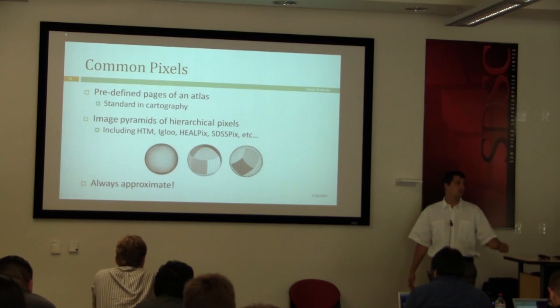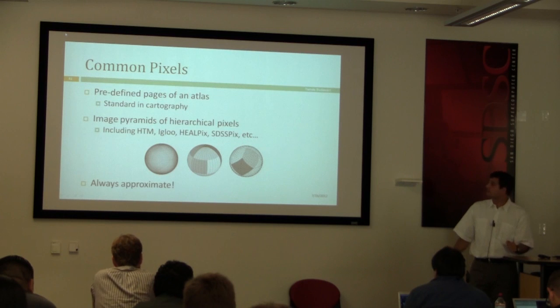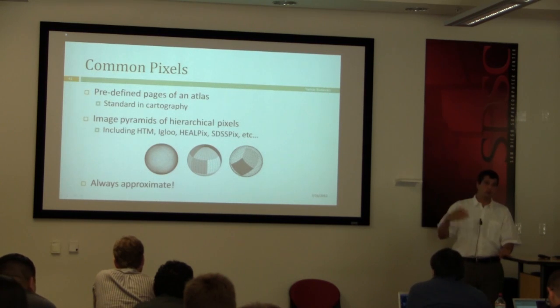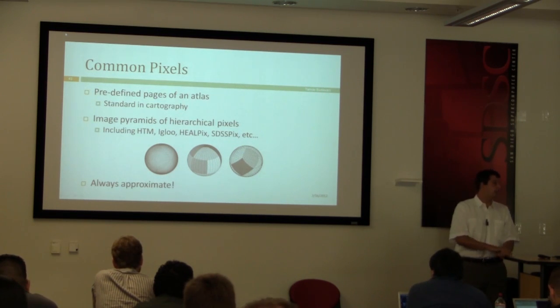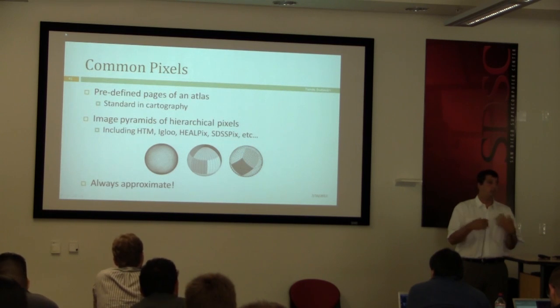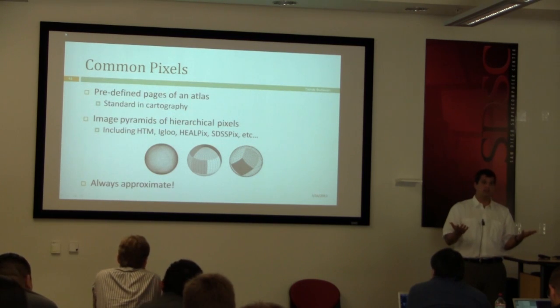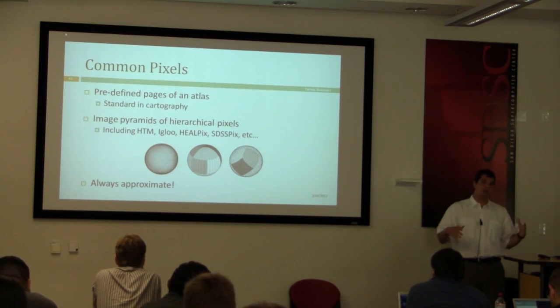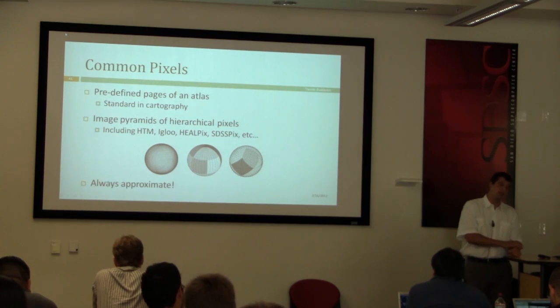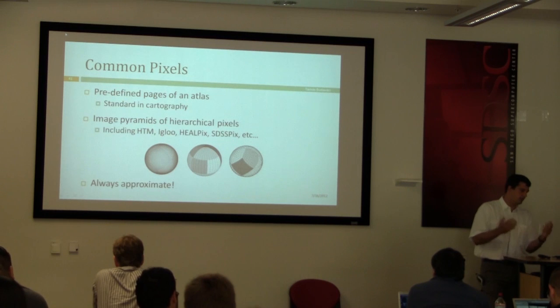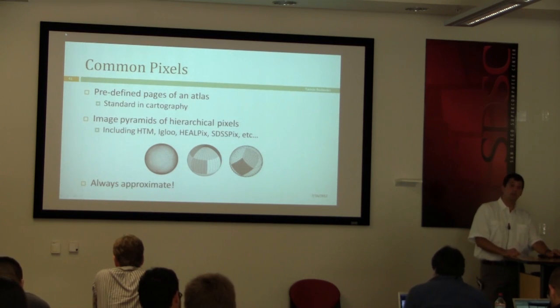Now, there are pixelization schemes that enable fast analysis, like HEALPix that does spherical harmonics very well, or the Igloo. But again, if you want to go that way and represent sky coverage with these, you end up having lots of pixels in a hierarchical fashion that you have to represent somehow. And it's always approximate, and it's not always simple to use.